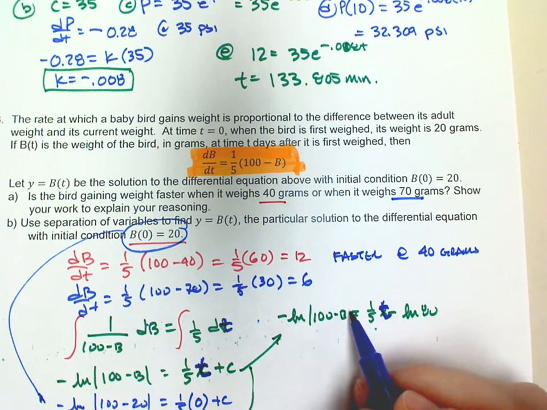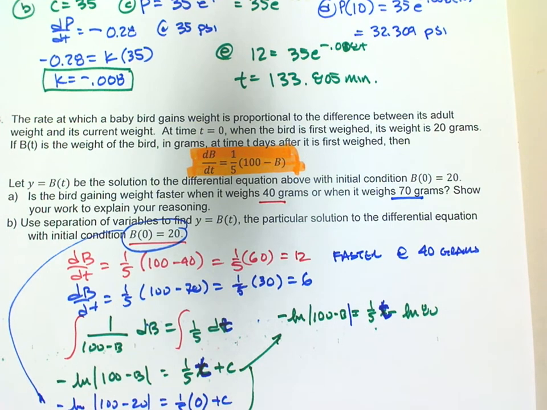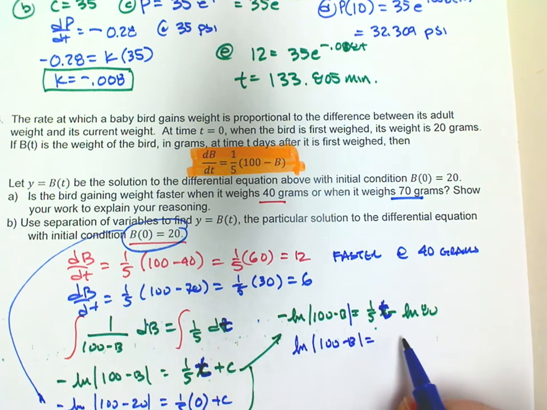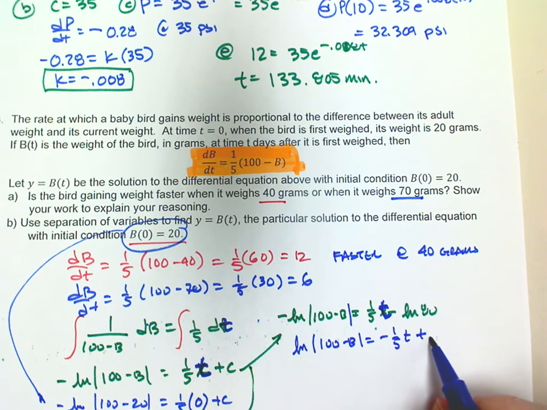Okay, so let's go ahead and manipulate this a little bit to get my equation, my b of t in this case. So I'm going to change my signs. Natural log of 100 minus b equals negative 1/5 of t plus the natural log of 80.